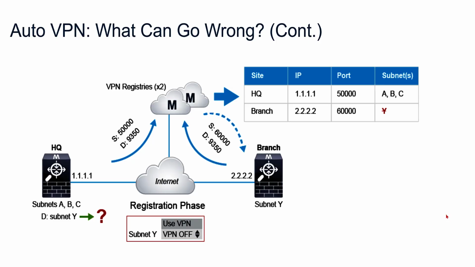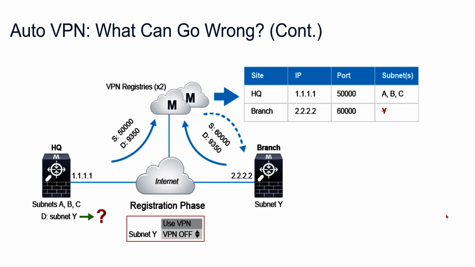Now, another issue that we can run into is that the tunnel is up, the VPN is up, but traffic isn't flowing. All right, so registration is successful, the connection phase is successful, the tunnel is established, but look at subnet Y. VPN is off. That's the problem here. AutoVPN has two major components.